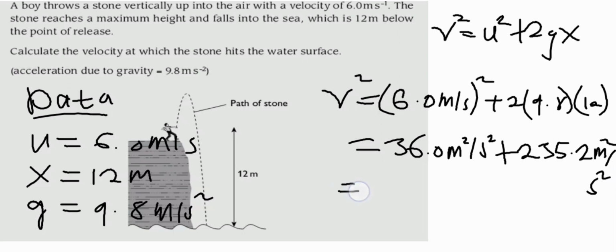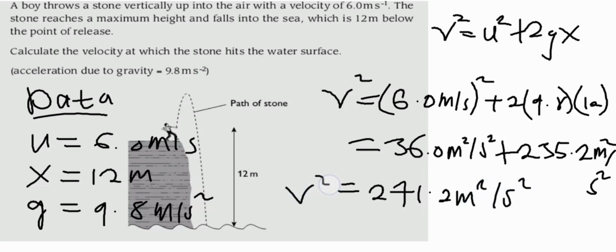So when I add 36 meters squared per second squared plus 235.2 meters squared per second squared, I'm going to get 271.2 meters squared per second squared.